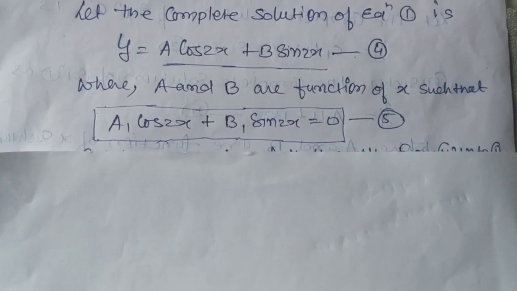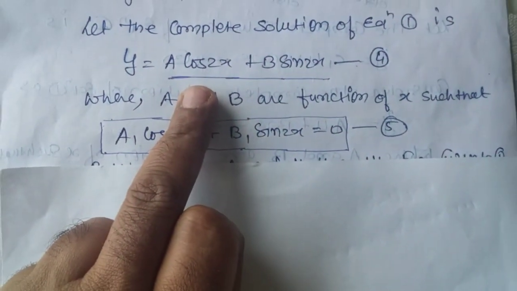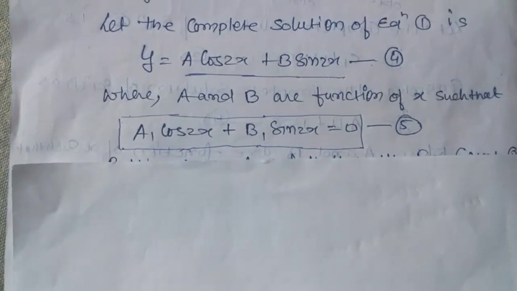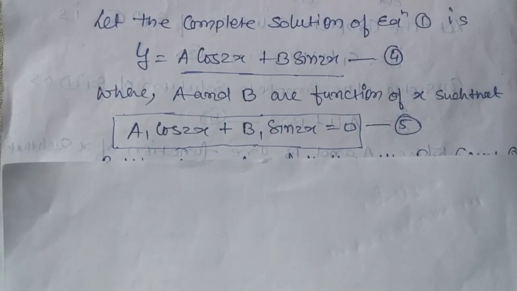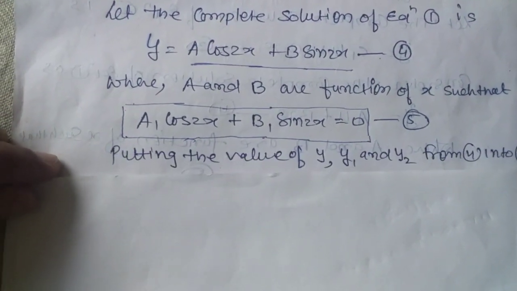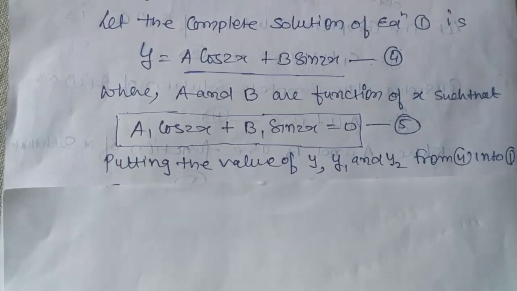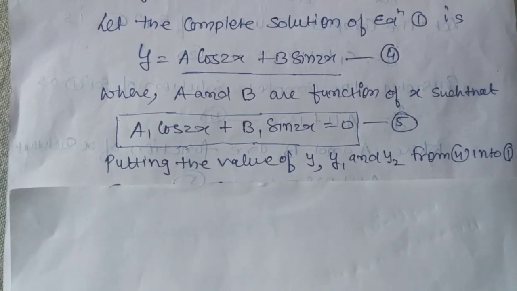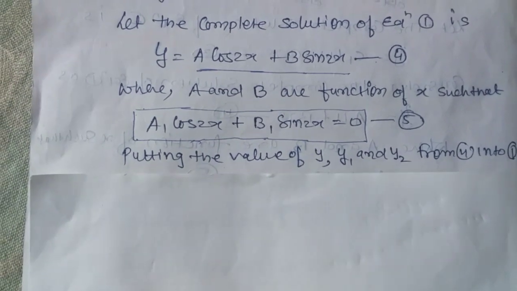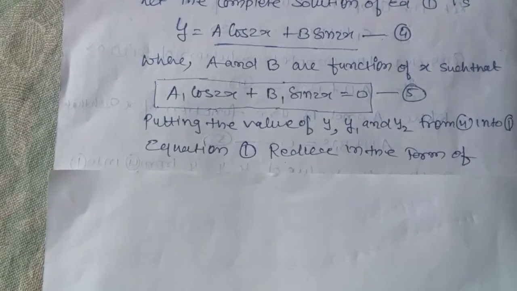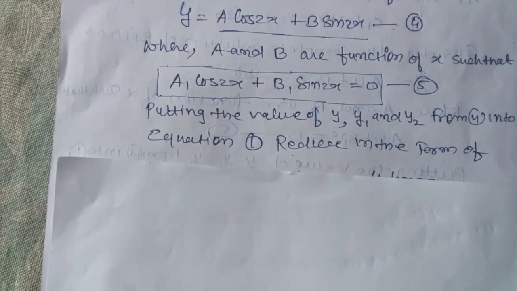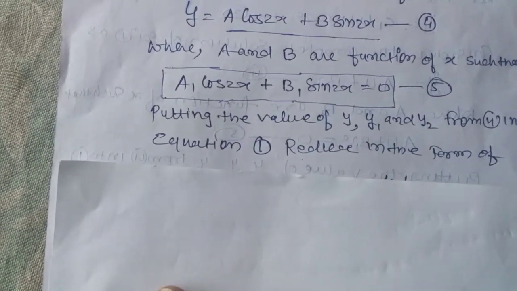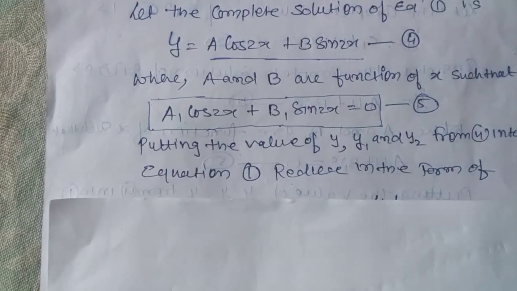Now since equation 4 is the solution of equation 1, equation 4 must satisfy equation 1. So putting the values of y, dy by dx and d2y by dx2 from equation 4 into equation 1, it reduces to the form A1 u1 plus B1 v1 equal to r.